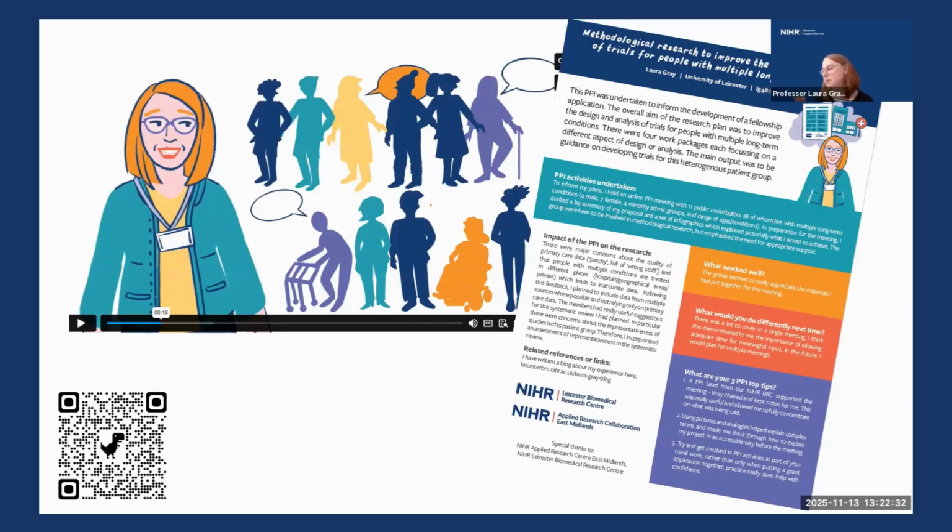They go into a bit more detail about what worked well, what we'd do differently next time, what our top tips were, and how we went about organising the meeting, because from the survey, we found that researchers really wanted detail not only on how members of the public had impacted a project, but also on the logistical aspects as well. So you can scan the QR code. We have a few case studies now on our website, but we are hoping to grow those going forwards.